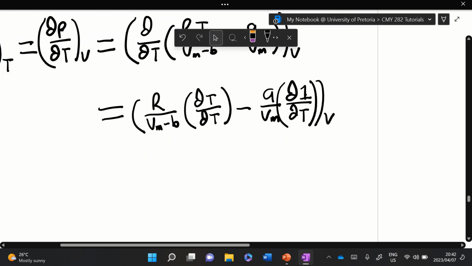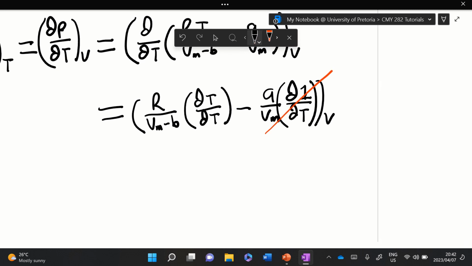The derivative of 1 is just 0, and dT/dT is just 1. So we're just left with R over Vm minus B.